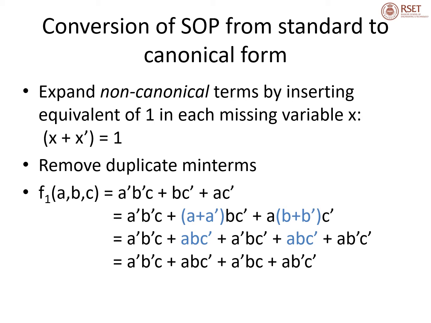When you expand this, we could see the resulting terms, and there is a repetition or duplication of the term a, b, c complement, which occurs in blue. One of the terms can be discarded. That results in the canonical form representation of your function f1. So we have moved from the standard to the canonical form.